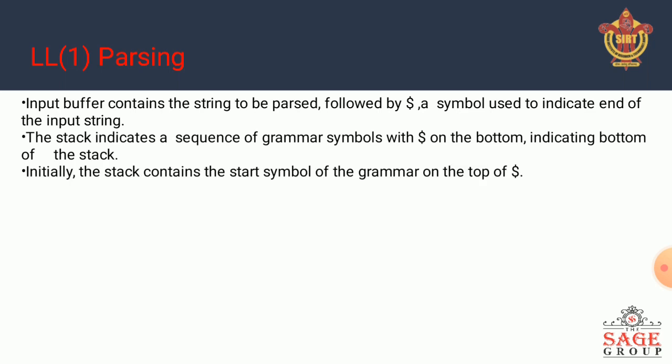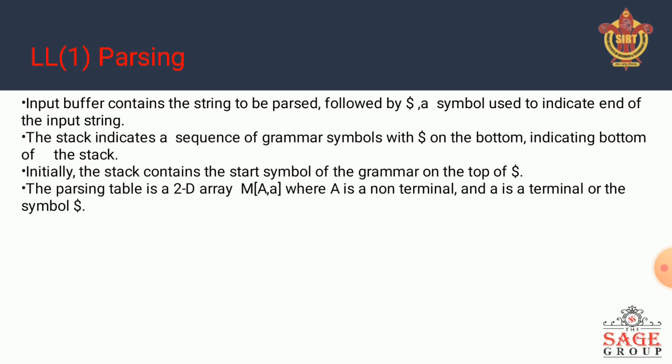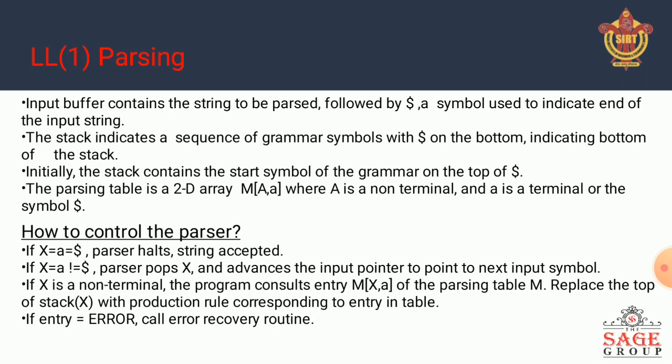Initially the stack contains the start symbol of the grammar on top of dollar. The parsing table is a 2D array M[A, a], where A is a non-terminal and a is a terminal, meaning we always check the row of A and the column of small a, or maybe dollar.